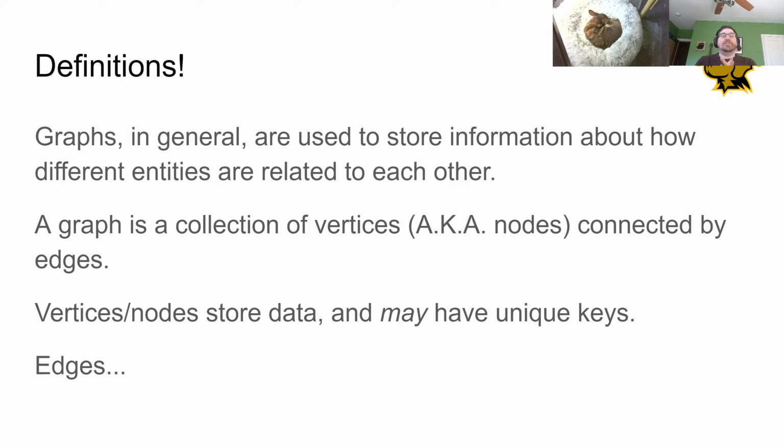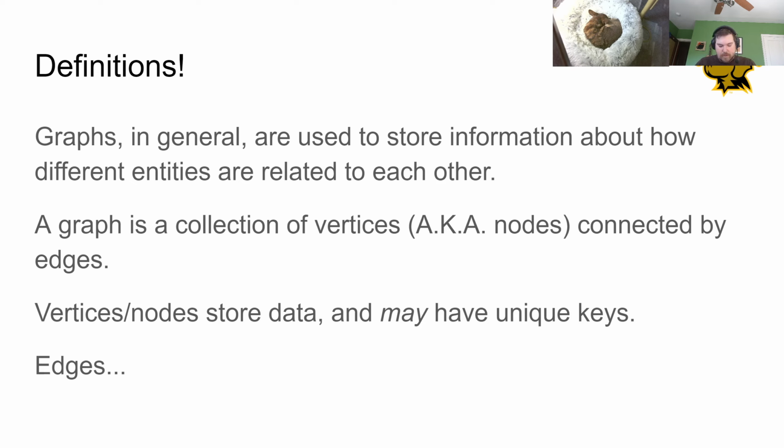Each graph has vertices, or nodes, you'll hear me use those interchangeably. Vertices and nodes are connected by edges. So if you think of connect the dots, the dots are vertices or nodes, and the lines that connect them are the edges. Vertices and nodes store data and may have unique keys.